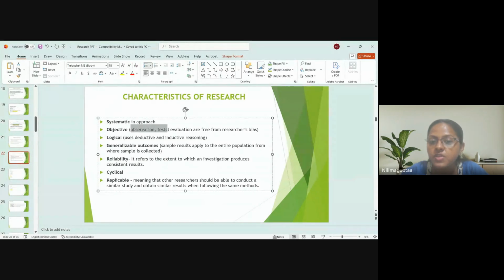So we will do observation, we will do tests, there are so many tests that we will be following, and the main purpose or characteristic of research is that it should be free from any researcher bias. This is very, very important because questions come on this topic, either objective or subjective. Then use logical reasoning, that is deductive or inductive.